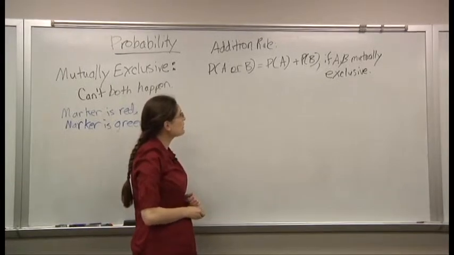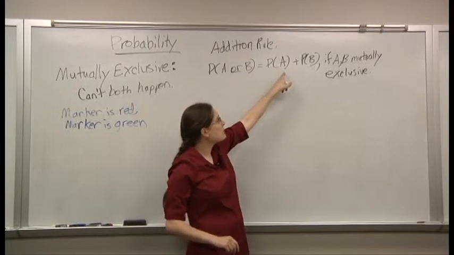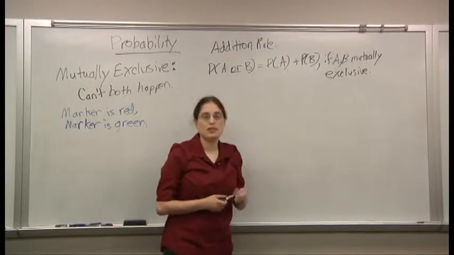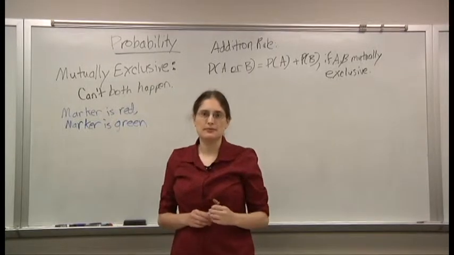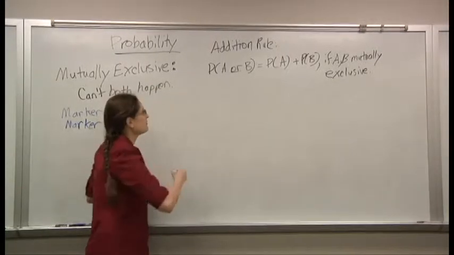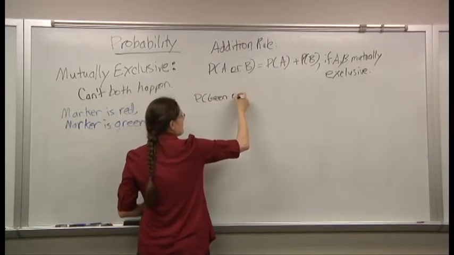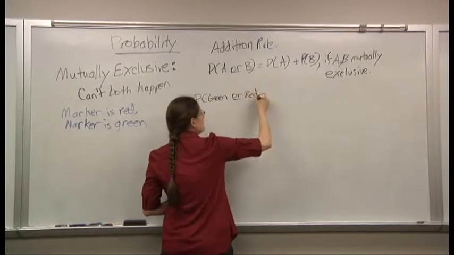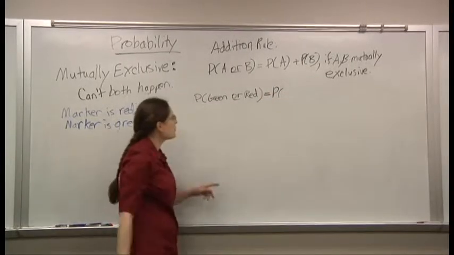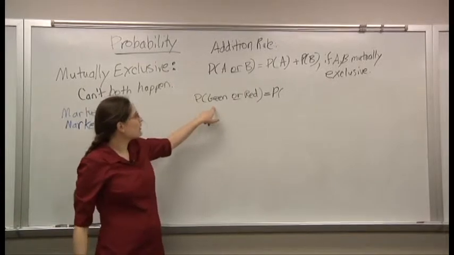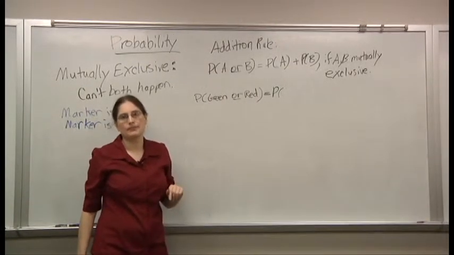The addition rule states that the probability of A or B happening is just the sum of their probabilities as long as they can't both happen. For example, the probability that a marker is either green or red if I draw one at random.